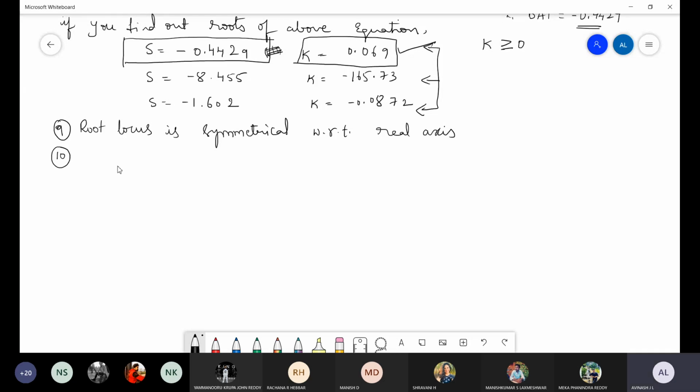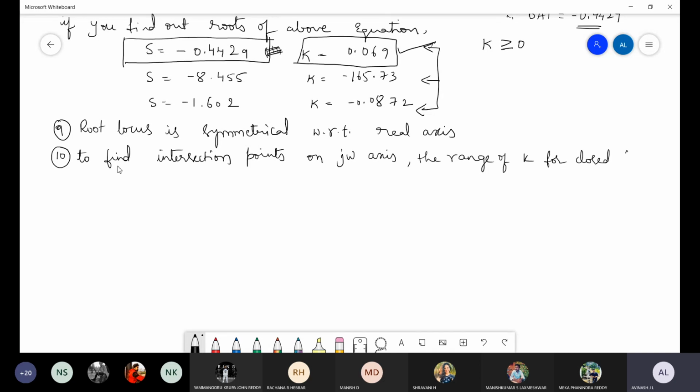So then the final step for this particular numerical is to find the intersection points on the j omega axis, and the range of k for closed loop stability.